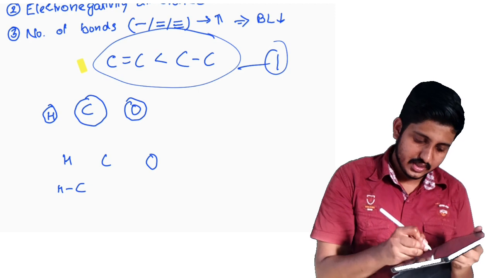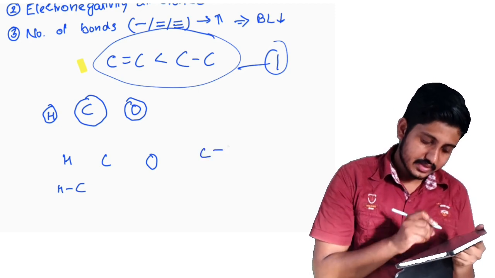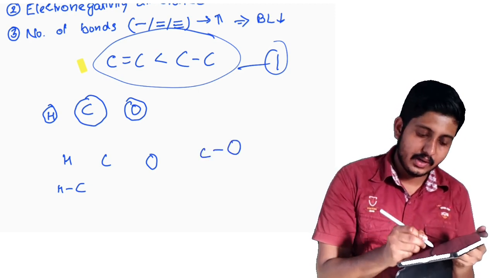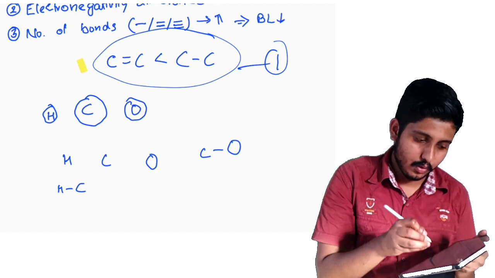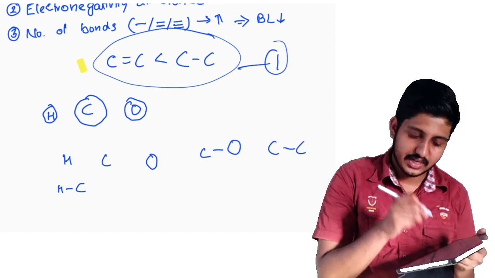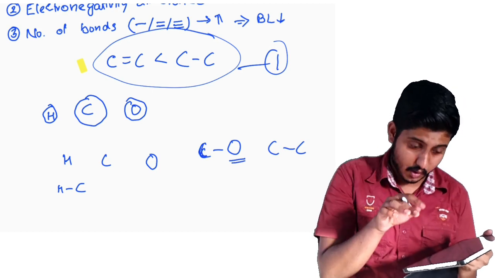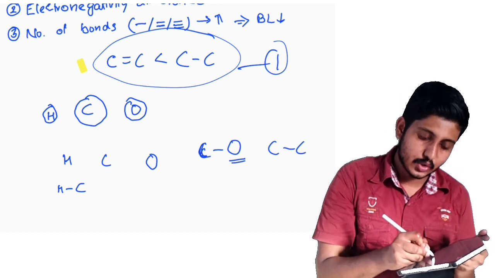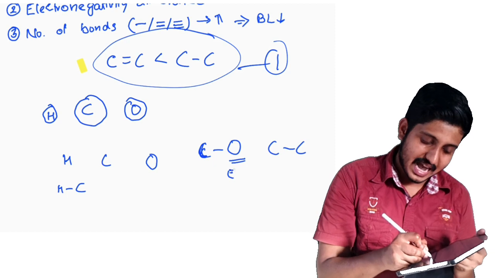Now we have to consider CO. What will be the bond length of CO as compared to CC? We can see that oxygen is relatively smaller in size, and its electronegativity is also high.